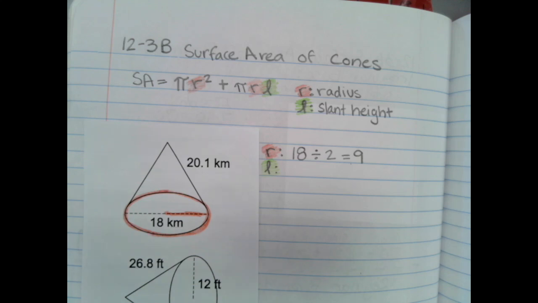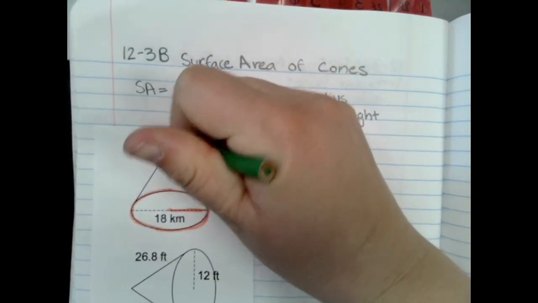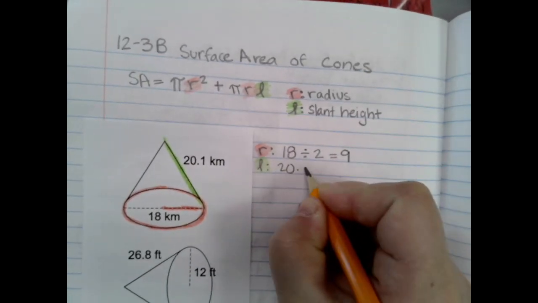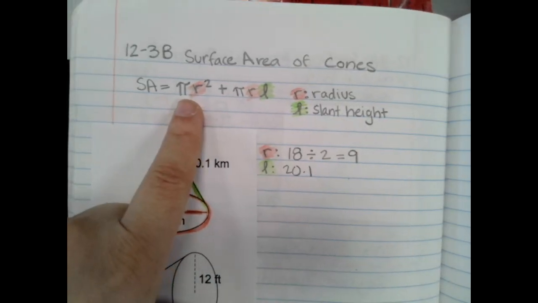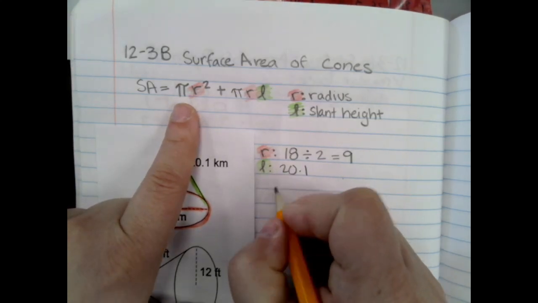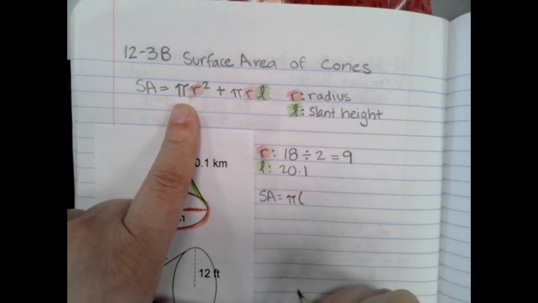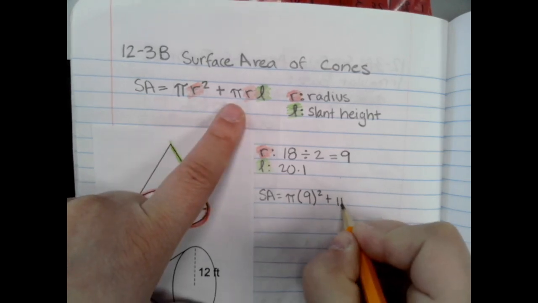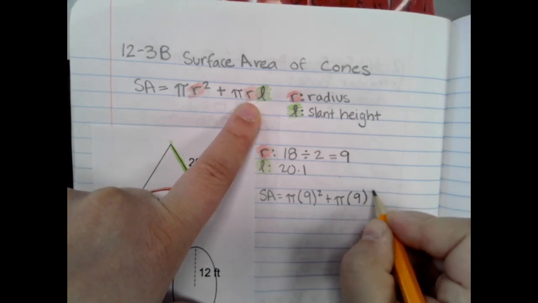Okay, and then what is our slant height going to be? 20.1. Then we just throw it in the formula. Our formula says pi r squared, so we're going to do pi times, what's our radius? 9 squared, plus pi times our radius, and then times our slant height.